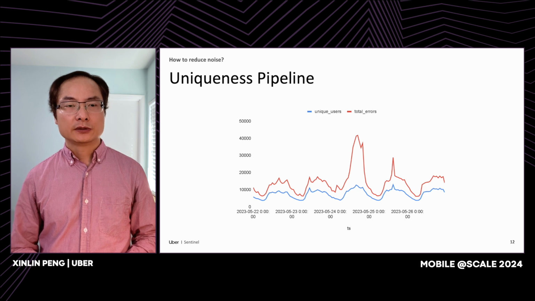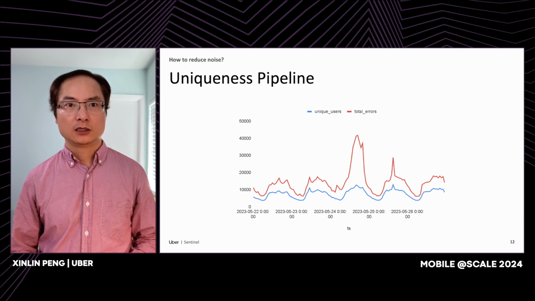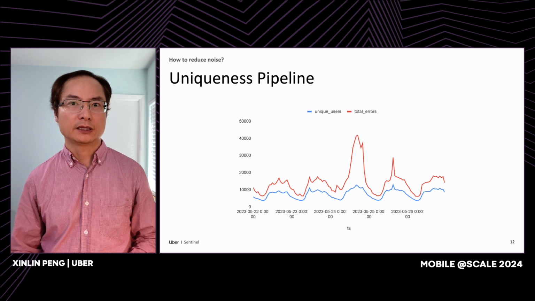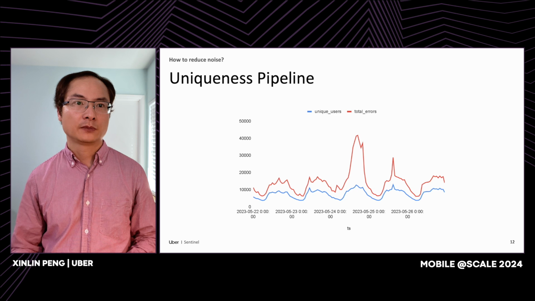With all this implemented, we were able to catch issues in real time and provide value to Uber. However, our signal to noise ratio was around 50%, and the product team weren't comfortable with enabling pages on this.